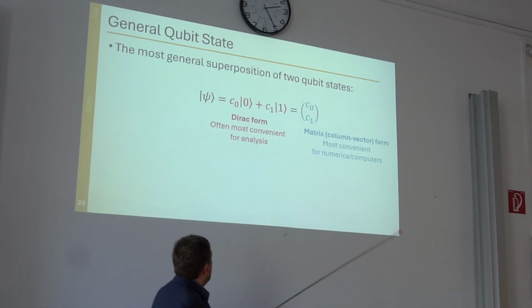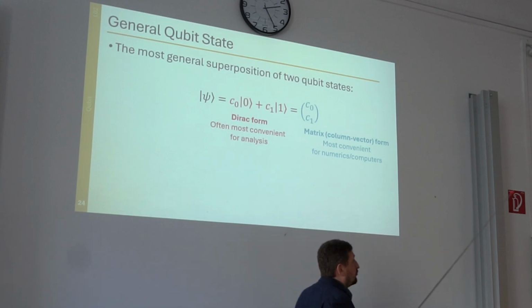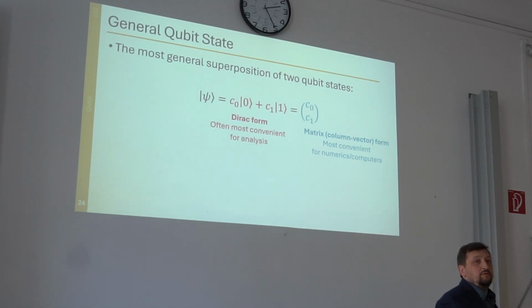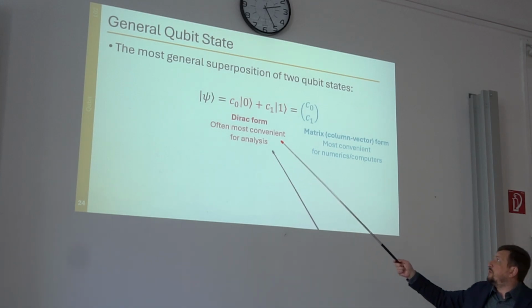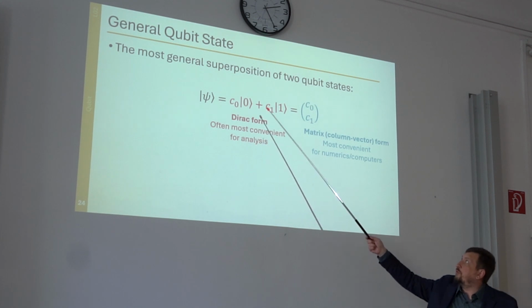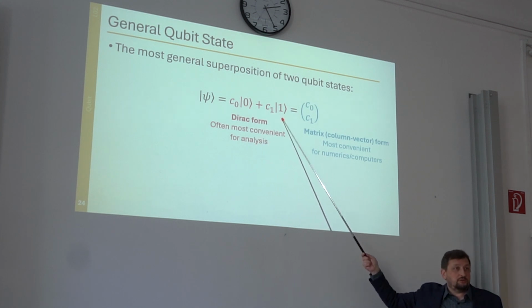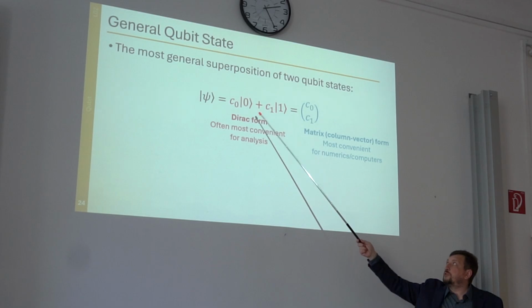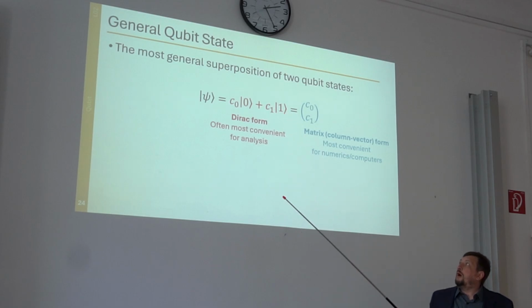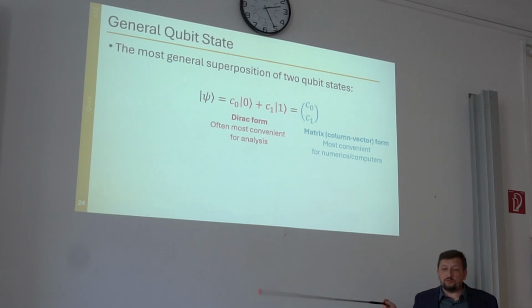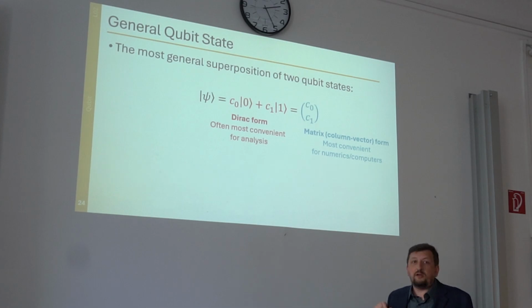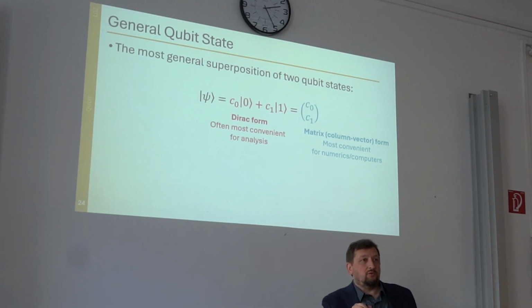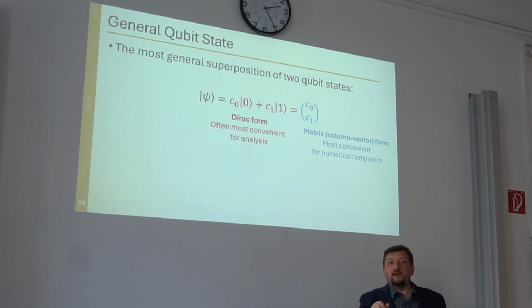Okay, so in this formula I use two different representations for the same thing. So this is Dirac form because I am using Dirac notation for 0 and 1, these ket vectors. And this Dirac form is often very convenient when we analyze what's going on and we want to do it by hand analytically.